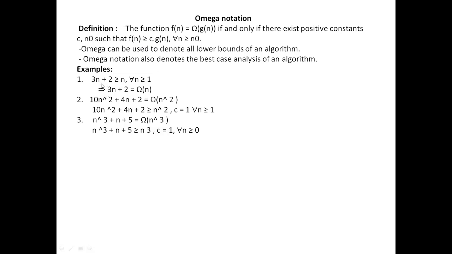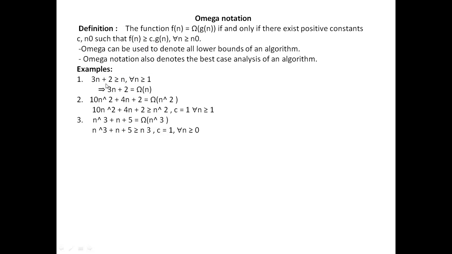You see here, example, 3n plus 2 is greater than or equal to n for every n greater than or equal to 1. When n is equal to 1, it is 3 into 1, 3 plus 2, 5. So 5 is greater than 1. Then n is equal to 2, 3 into 2, 6, 6 plus 2, 8. So 8 is greater than 2.